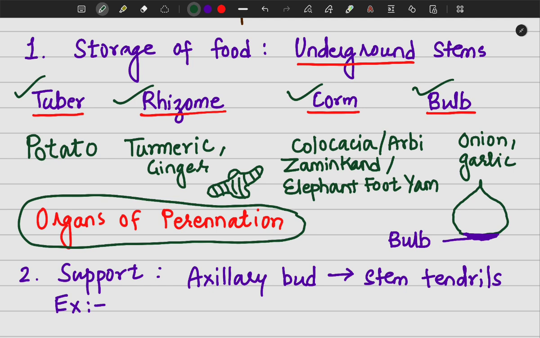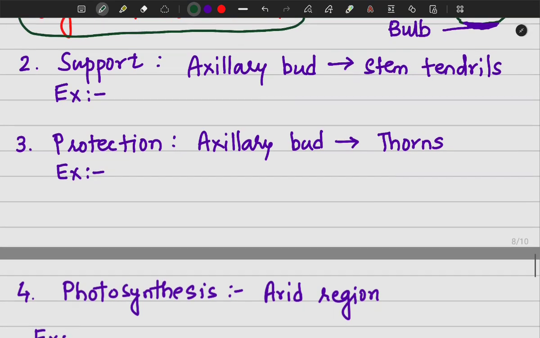Whenever the conditions are not favorable for the plants to survive, as in the case of winter or drought, these underground stems help the plant to survive in difficult situations and reproduce vegetatively. The plant survives with the help of the reserve food material, and when favorable conditions arrive, the plant starts to germinate again. Now let us move on to the next modification, which is for the support of the plant.